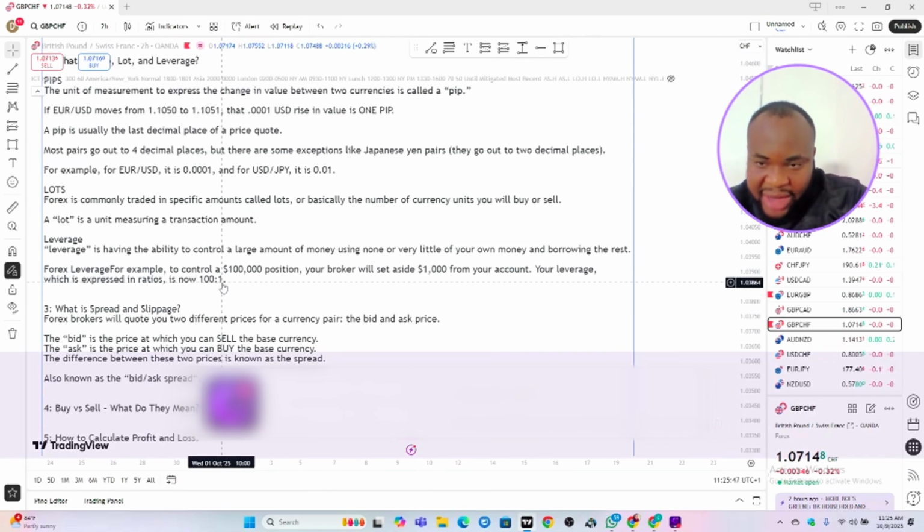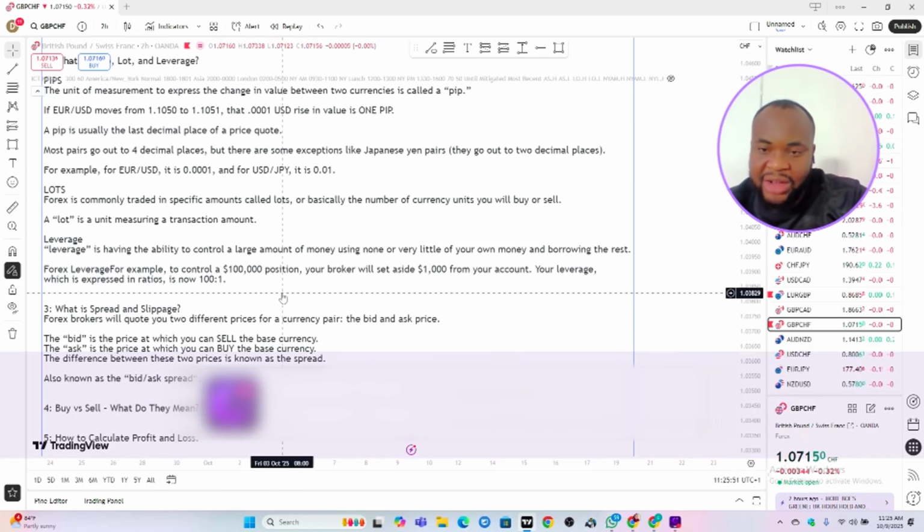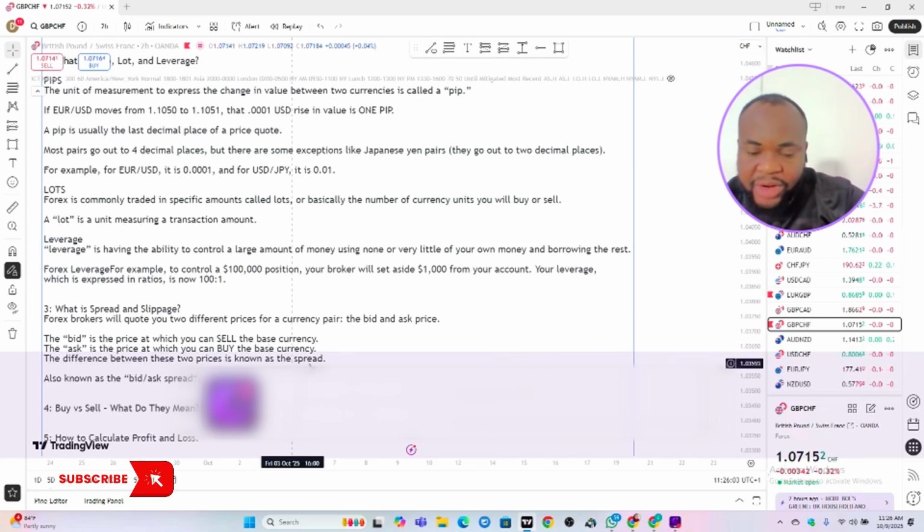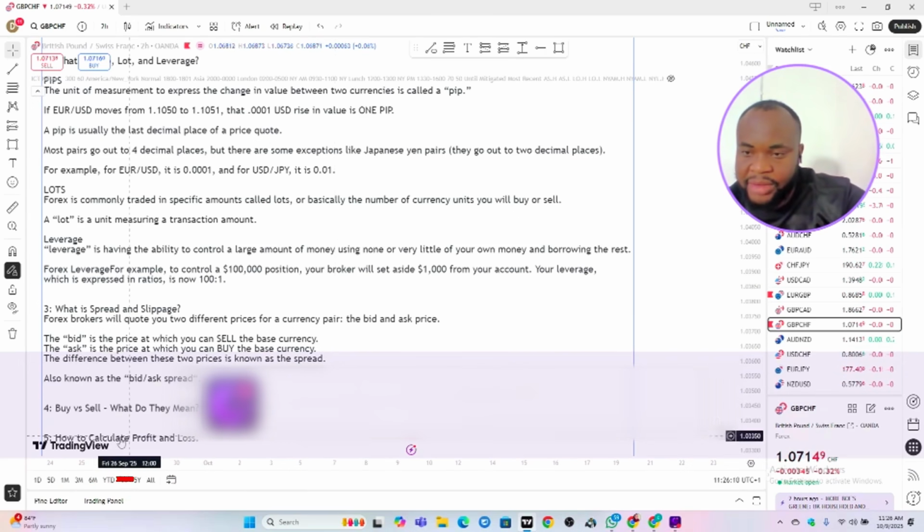Or if you have a $10 account, you can trade with a $1,000 account. That's just how the leverage is calculated and how it's used in the market. So that's why we always advise people not to over leverage in the market, and not to be in debt or owing the broker.